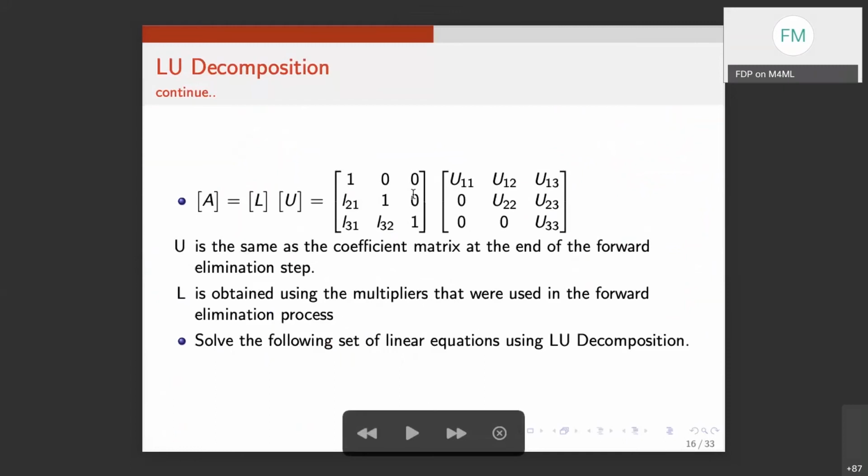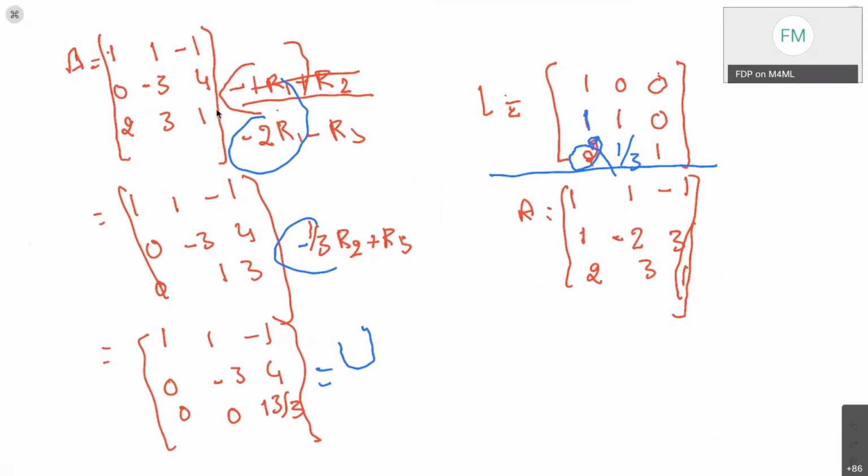To obtain this, I have an A, and I try to make the values here zeros. The intention is to make this 0. How do I make the second row's first element 0?